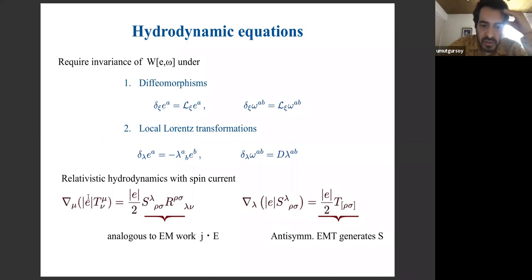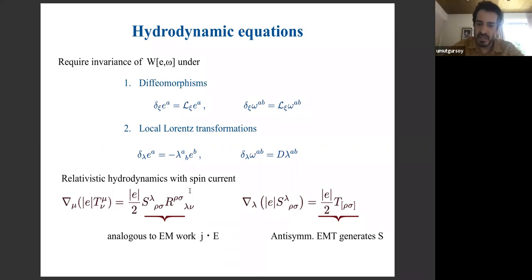What you see is that this is a generalization of the conservation of the energy momentum tensor. On the right hand side, what you see is just a work term. It's precisely analogous to the electromagnetic work, J times E, where S, the spin current, is playing the role of J, the charge current, and R is playing the role of the field strength that is associated with the corresponding source, which is the spin connection.